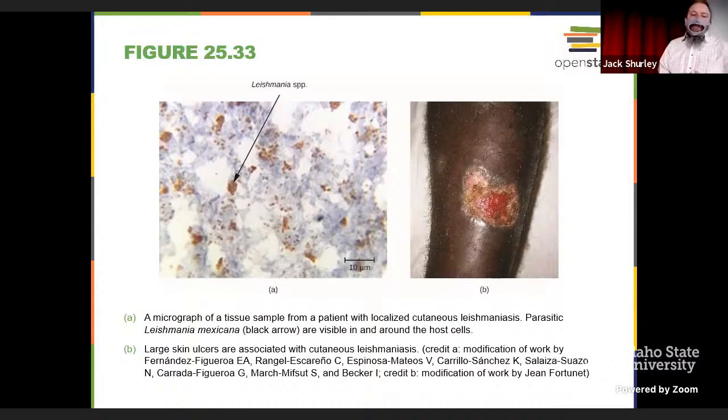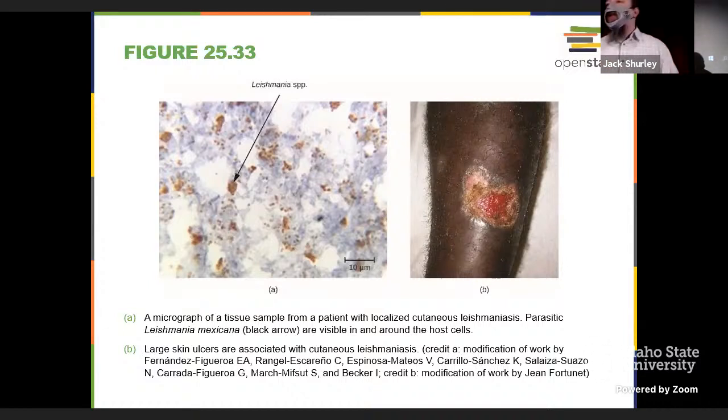Leishmania, these guys are related to the trypanosomes. They're a little bit different, but genetically they do have some similarity. Just like the trypanosomes, where you've got a handful of different types of those parasites, there are numerous types of Leishmania parasites.